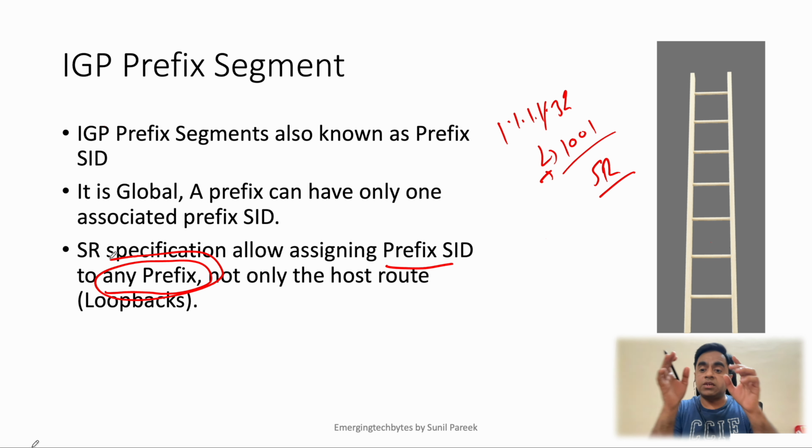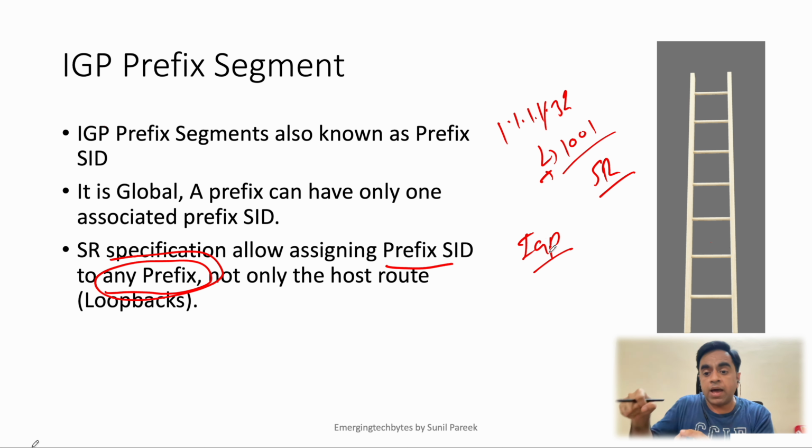But then that's where you need to think, because it is the IGP which is carrying these prefix SIDs for you. There is no LDP now in SR. You need to think of this IGP as a bag that you are carrying in the flight, not that truck which I had shown earlier.